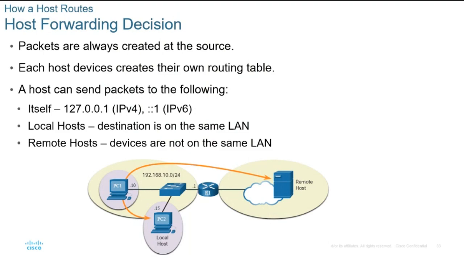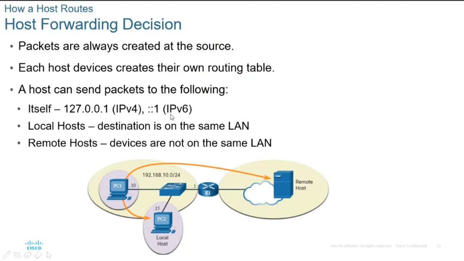Yan. So, ito ng IPv4 is 127.0.0.1. Kung bakit tinatawag natin loopback interface. Pag sa itself, ito yung IP address ng IPv4.